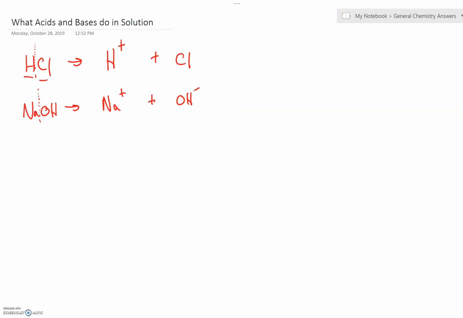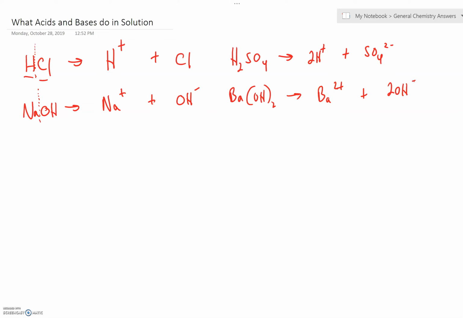And we were practicing this for acids with more than one H plus, because we know they produce hydrogen. That's what acids do. And we were doing this for bases with more than one hydroxide because they produce hydroxide, and that's what bases do. Okay.